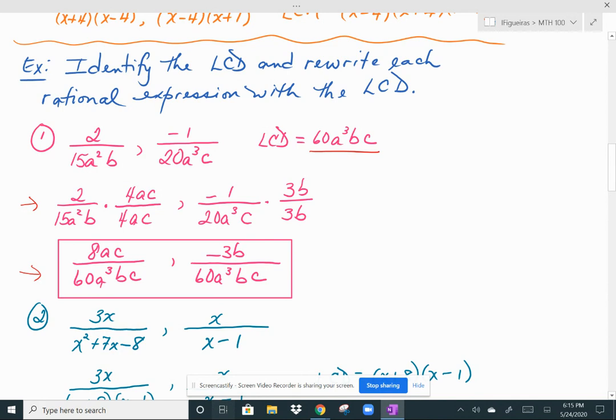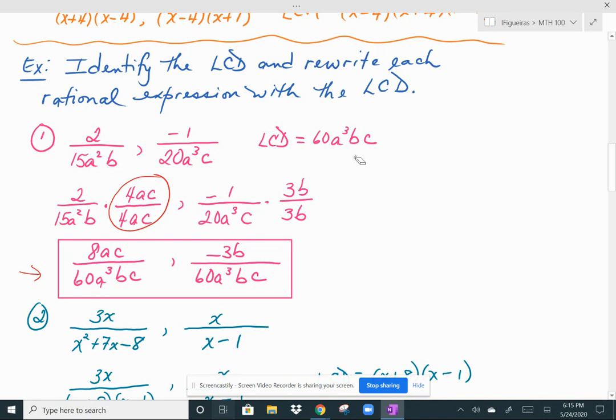But whatever you do to the denominator, you must also do to the numerator. So again, it's like multiplying by 1. We've talked about that before. So multiply numerator and denominator by 4ac. So my new first fraction is 8ac over 60a cubed bc.